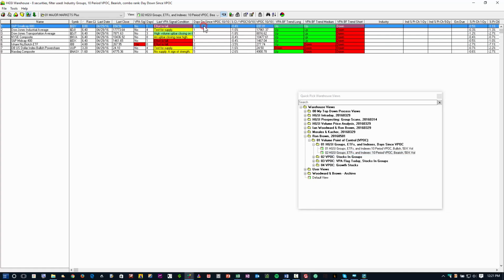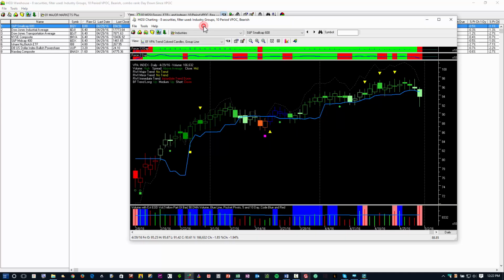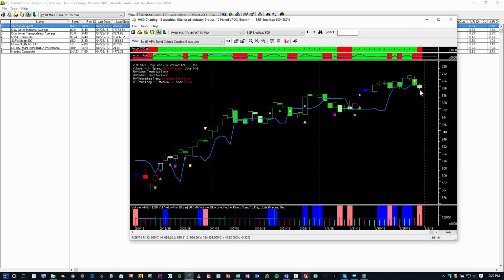Now you can see that the S&P 600 just turned negative slightly on Friday on pretty heavy volume, but it really has not broken down yet. So we'll have to see what's going to happen with this market.